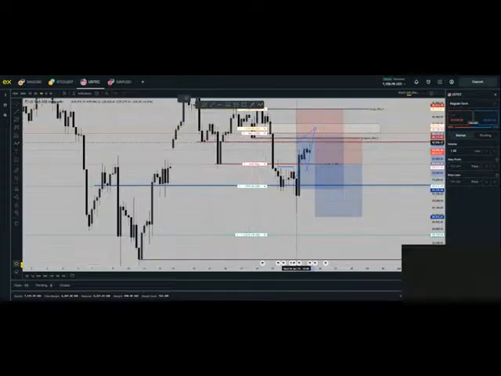So I'm kind of expecting price to just tap into this gap or this breaker and then reject. But since it is kind of rejecting from this place, I also expect price to come into this gap and then push back up. These are just my assumptions of what I'm expecting from the forex market.